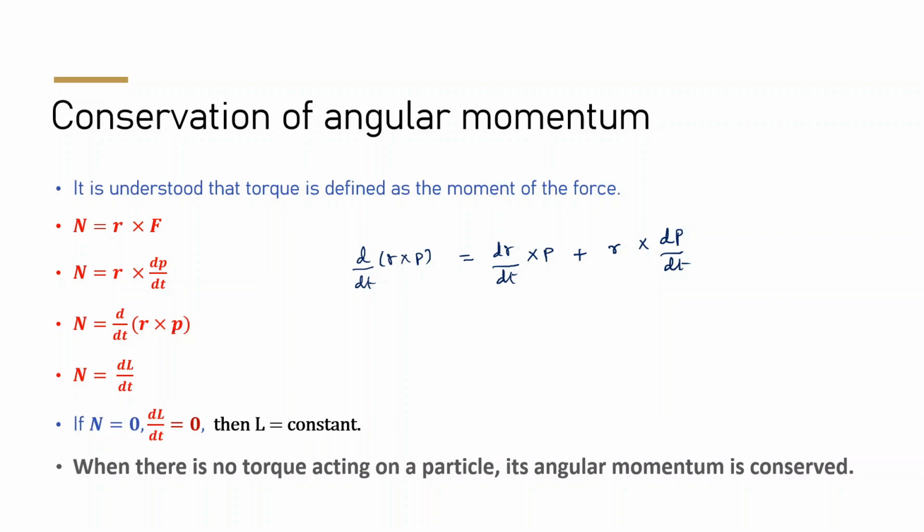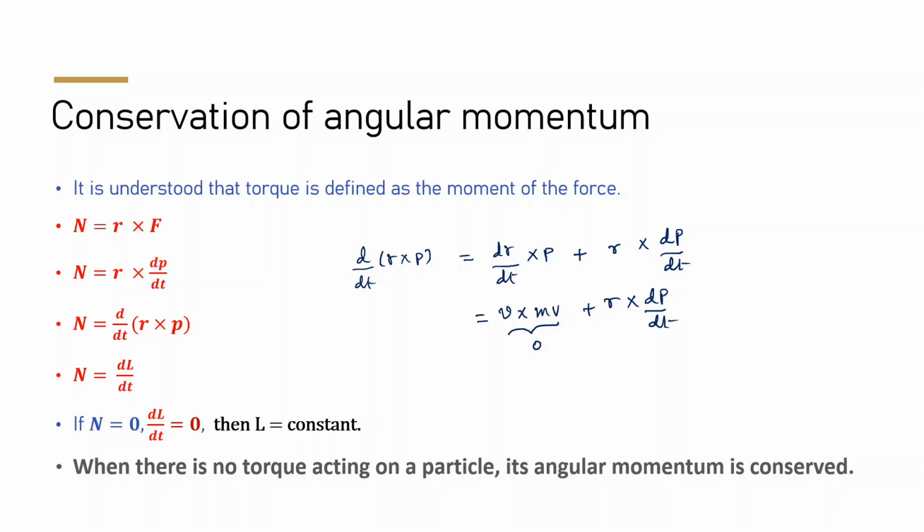Here this dr by dt is our velocity. Then this P is our mv, plus R cross dP by dt. See this V cross V is 0, parallel vectors. If these two vectors are parallel, then the theta value is 0. A cross B equal to AB sin theta, sin 0 is 0. So this term is vanished.